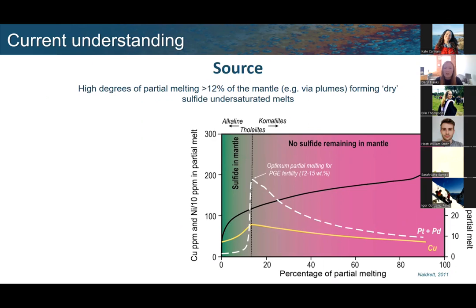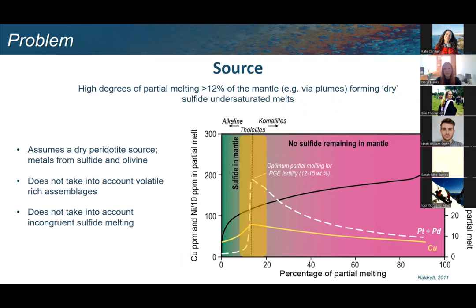So in terms of how this fits into our current understanding of how to form magmatic sulfide deposits, typically in order to liberate the maximum amount of metals, we really do need high degrees of partial melting. And this model is using more dry sulfide saturated melts. So as mentioned, it seems that we've got a dry peridotite source where the metals are predominantly coming from either the sulfide or nickel from the olivine.